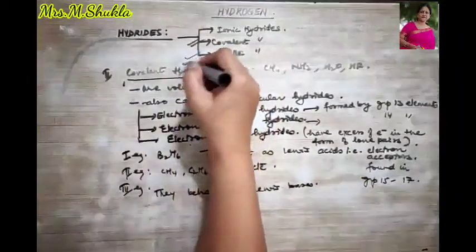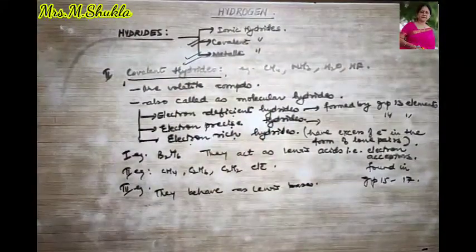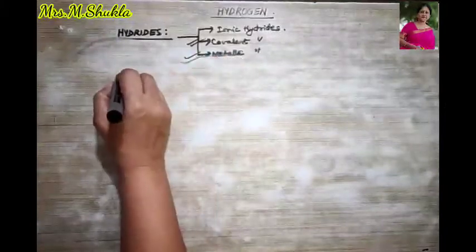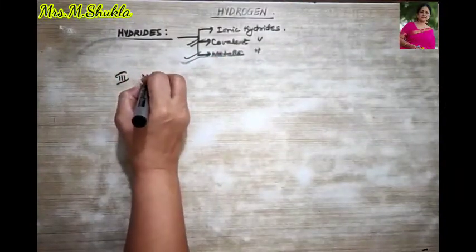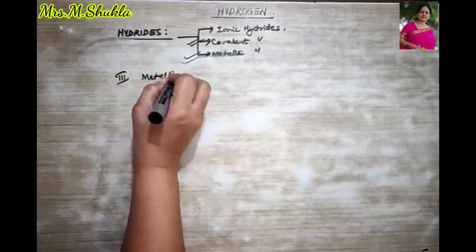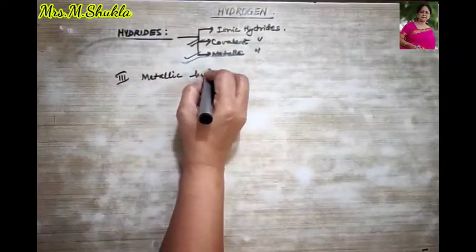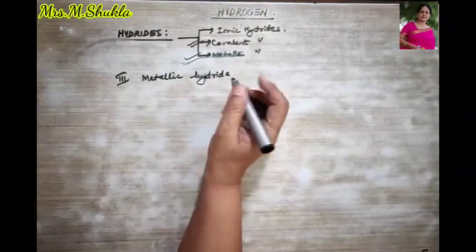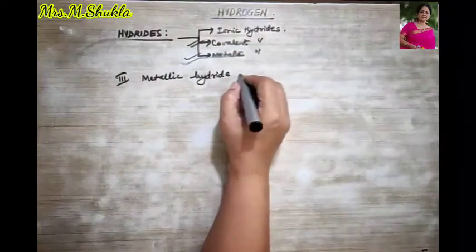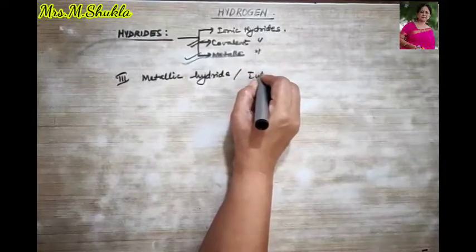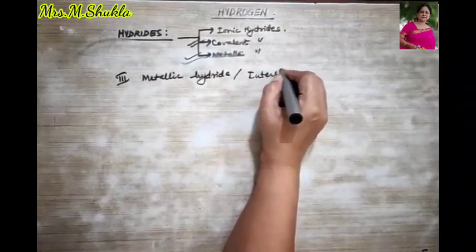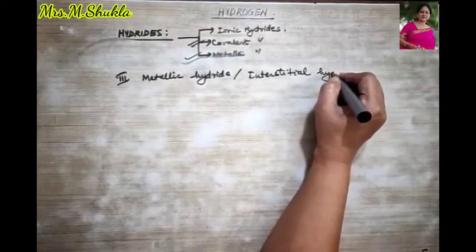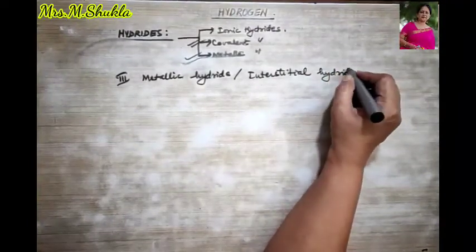We come to the third and the last one for today, that is your metallic hydrides. Let us now talk about the metallic hydride. Metallic hydrides are also called interstitial hydrides.